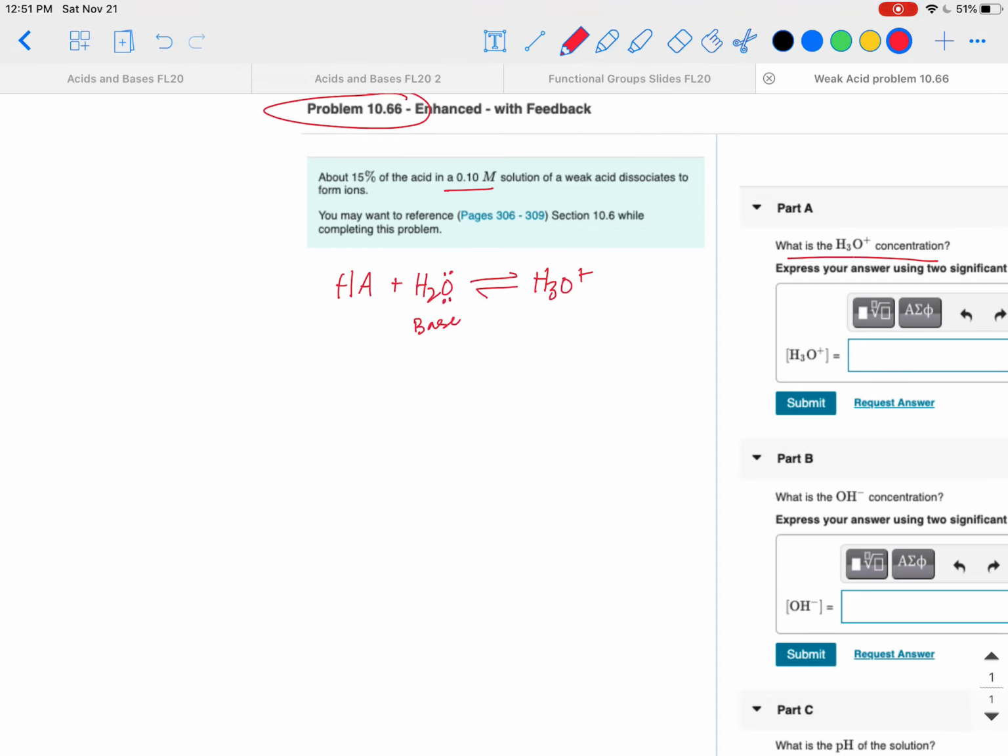So the lone pairs on water are going to grab the hydrogen from the acid. Plus, we're going to make A minus. And when we write Ka, remember we leave water out of it. So we'll have the concentration of H3O plus, which is what we're looking for, times the concentration of A minus divided by the concentration of HA.